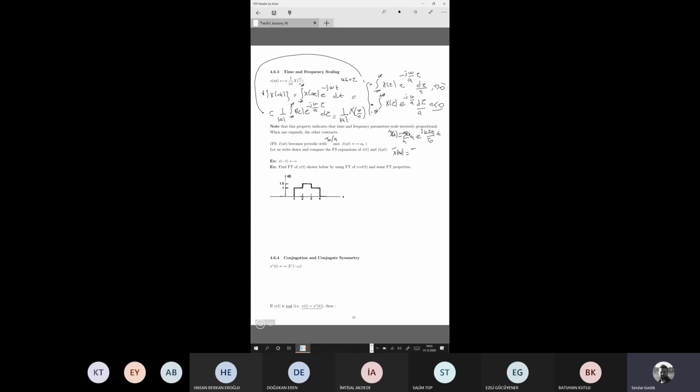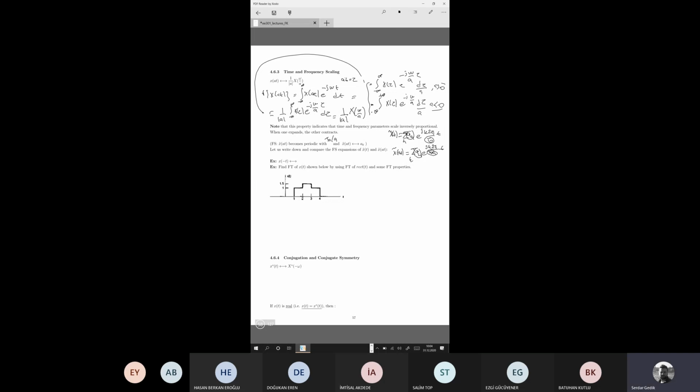It is equal to summation over k with the same Fourier series coefficients, but with a different period: e to the power jk 2 pi over t0 over a times t. So t0 over a is the period of x tilde at. Although the coefficients are the same here, the representations are of course different since the periods are different for those signals.